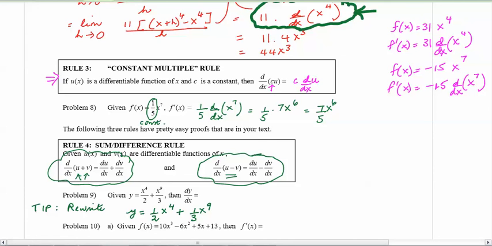Okay, let's see. 1/2. Just keep that constant multiple there. Multiply by the derivative of x to the 4th. It's going to be 4x cubed. And then I have a sum of two things, so when I differentiate, it's simply the sum of the separate derivatives. So I found the first derivative.